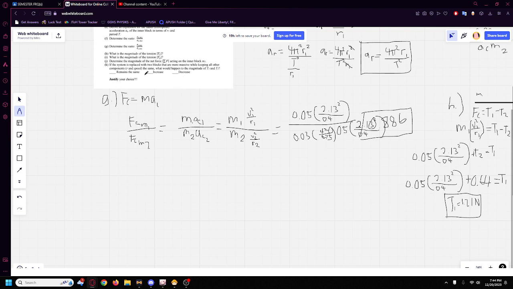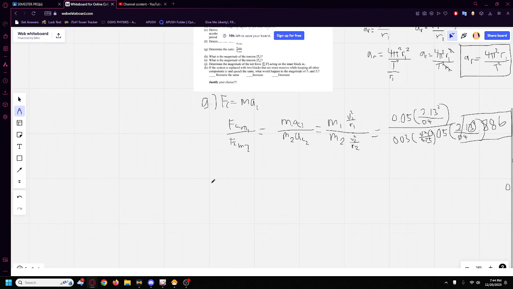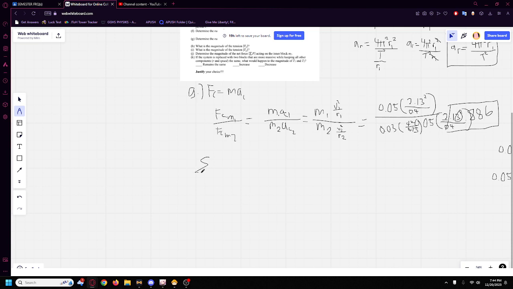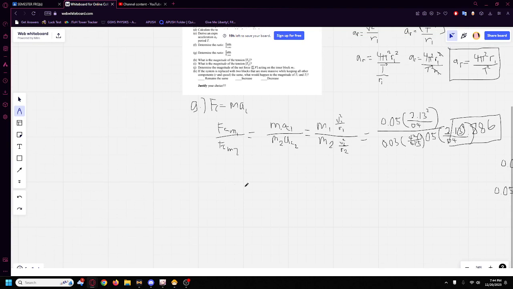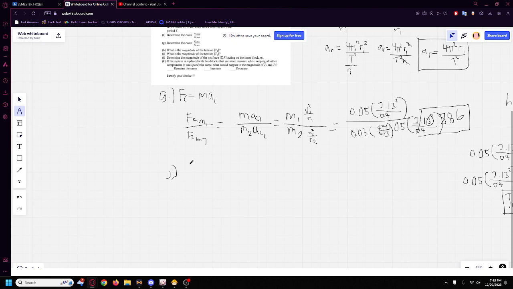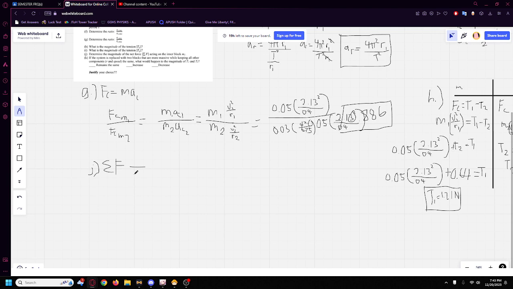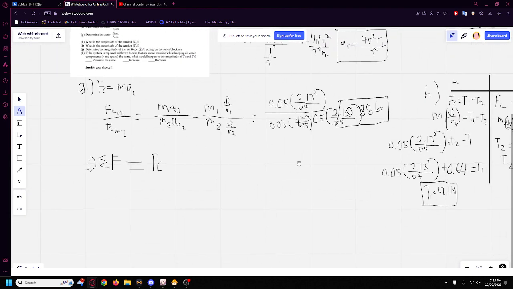J asks to determine the magnitude of the net force acting on the inner block. So net force is equal to Fc, and Fc is equal to T1 minus T2 for M1.